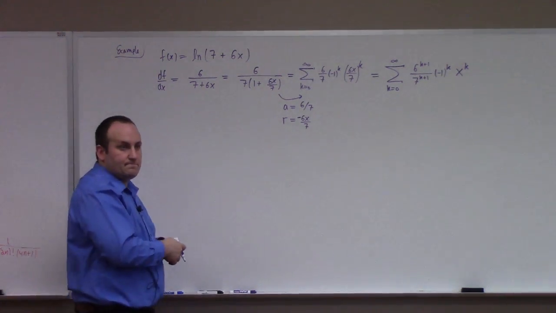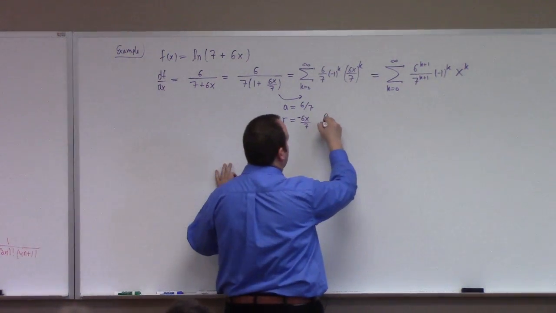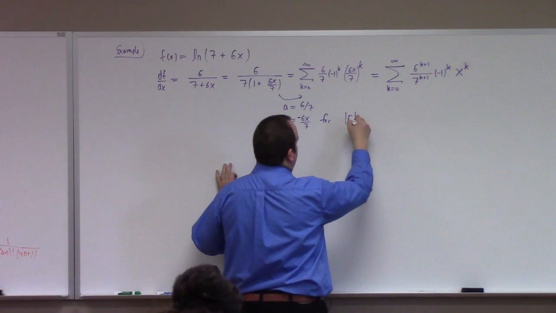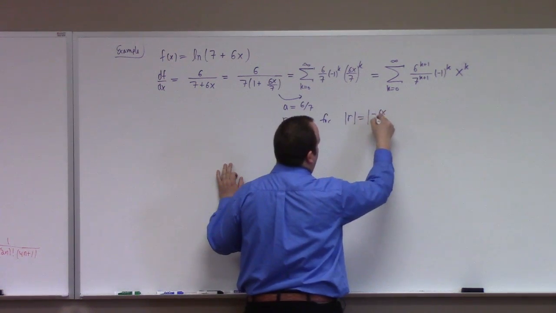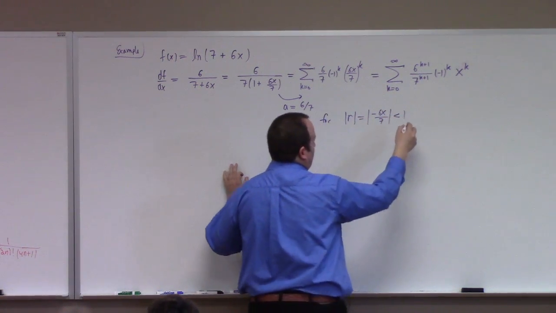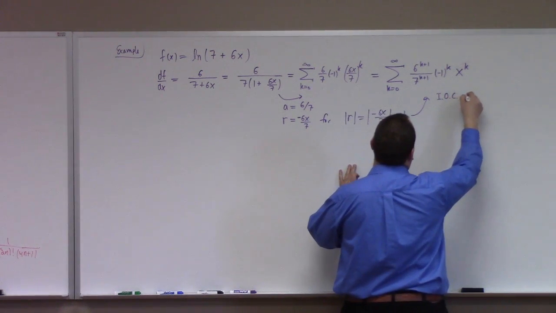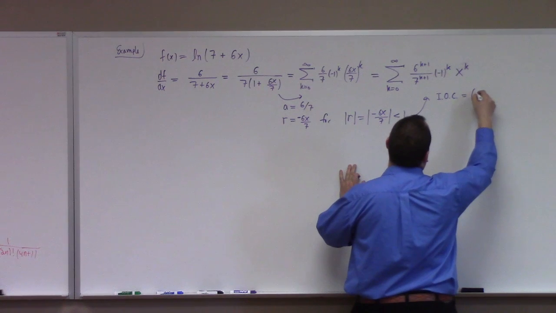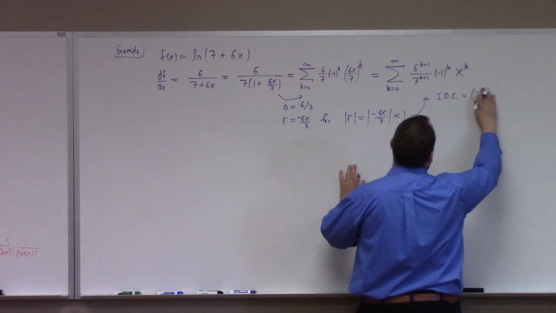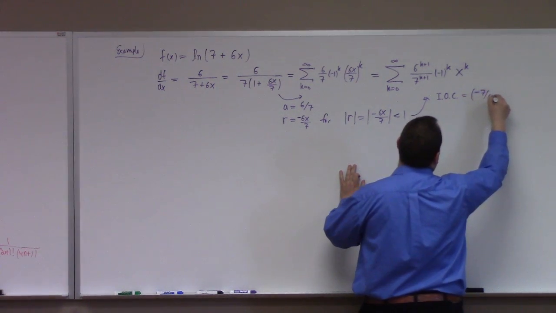Now I integrate. This is valid for what? The absolute value of r, the absolute value of minus 6x over 7, less than 1. So what's the interval of convergence here? Oh, I guess minus 7/6 to 7/6, right?